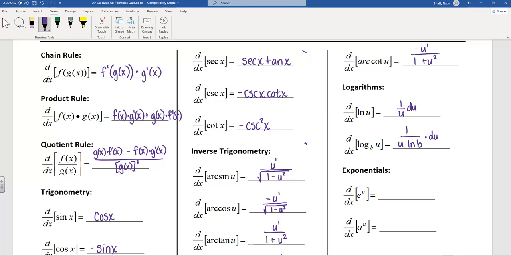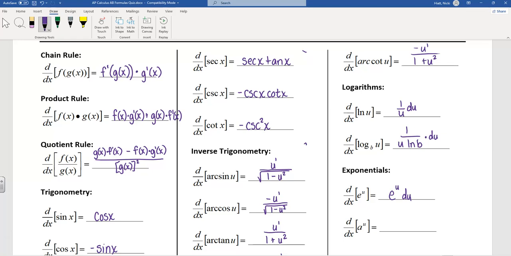And then, what is the derivative of e to the u? E to the u with a du there, or u prime. Du and u prime could be used, either one.